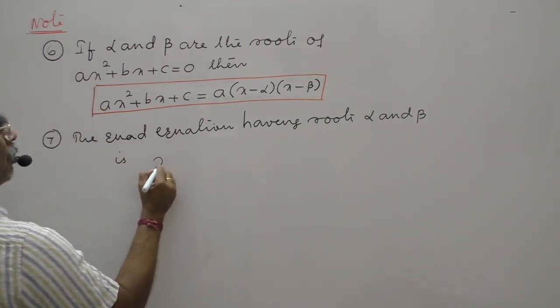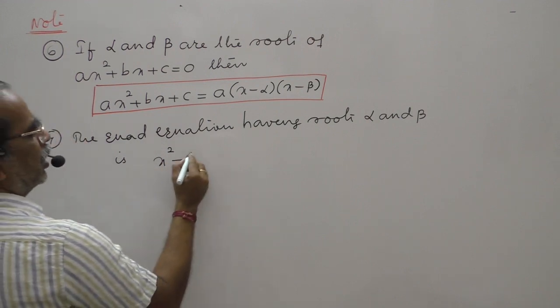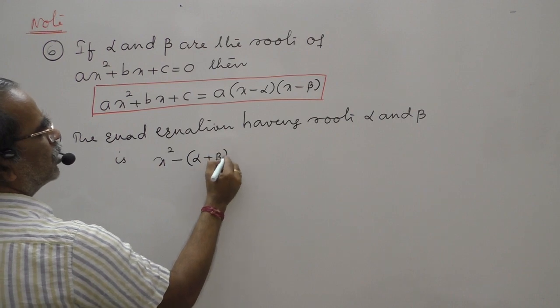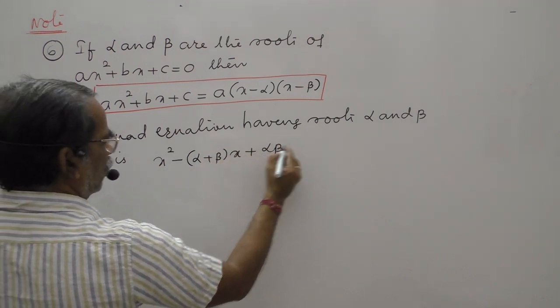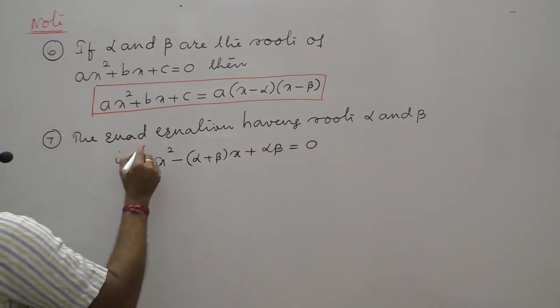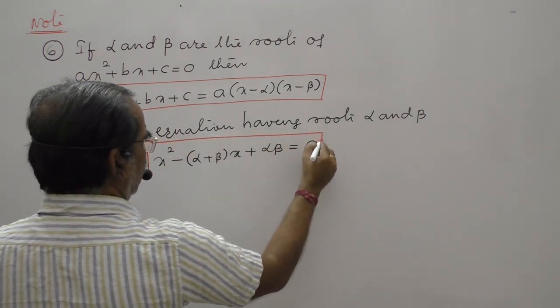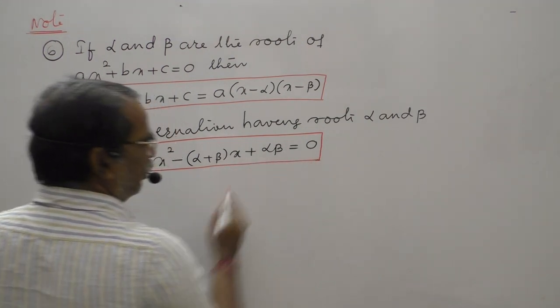Of course we know, we have seen in lower classes. The quadratic equation is x square minus sum of the roots into x plus product of the roots is equal to 0. This is the quadratic equation having roots alpha and beta.